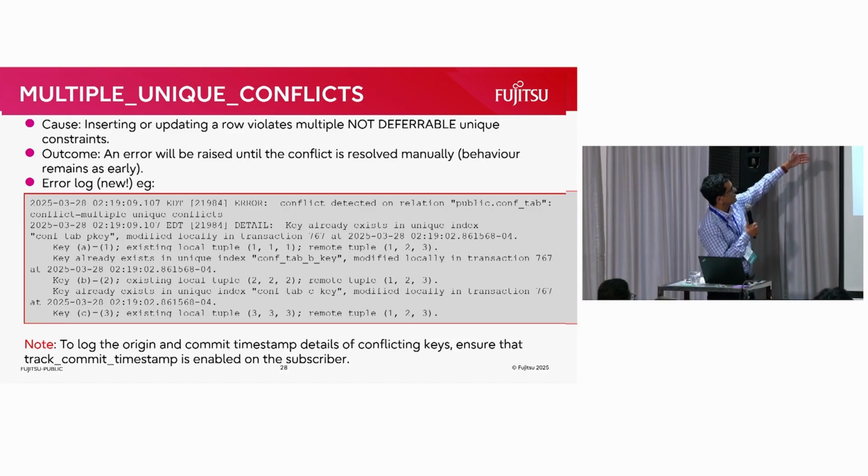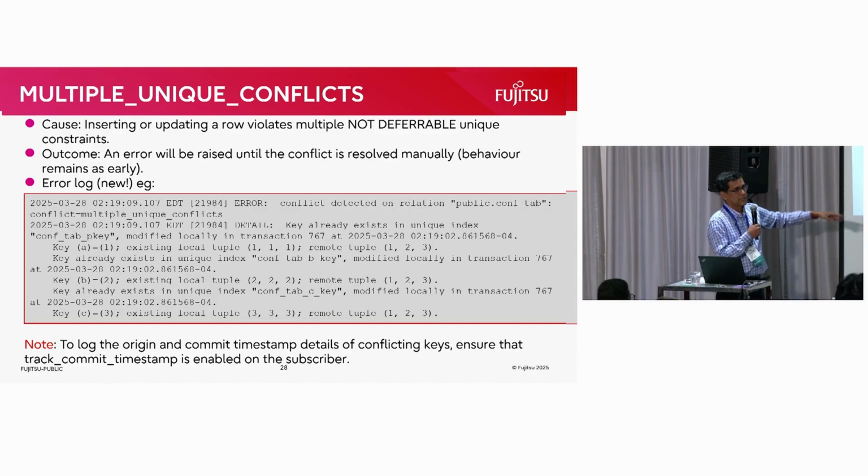If there's a conflict on multiple rows, each row's local tuple and remote tuple are reported in the log, so you get information for each of the rows that caused the conflict. For all of this, you need the track commit timestamp GUC to be enabled. Only then do you get this much information.